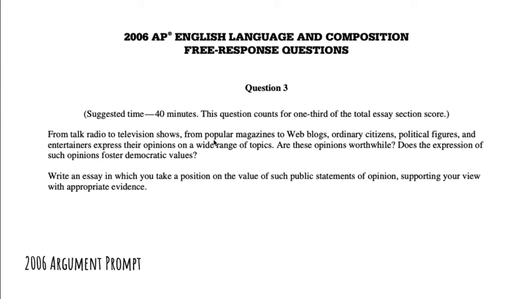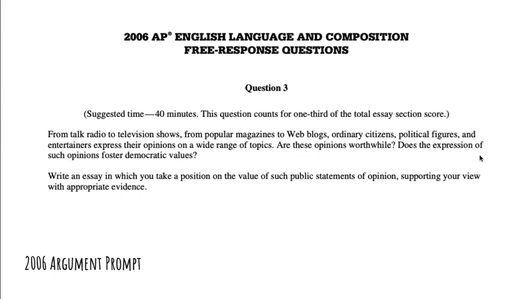Digital media, social media, everything that we have, we can reach huge numbers of people. And the first question is, because of this huge amount of dissemination of information, are all of these opinions worthwhile?